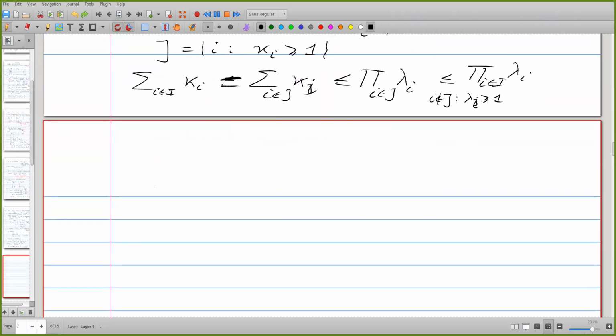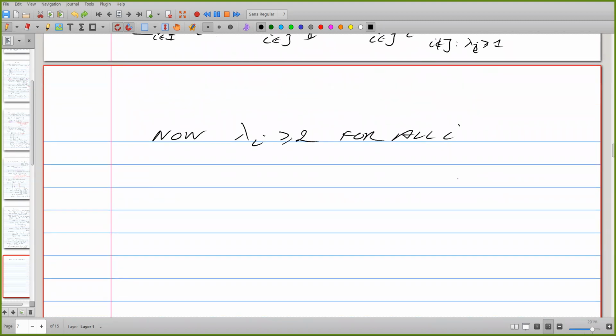So we can assume, and it's useful to have, that every kappa_i is at least 1. Why is that useful? Because now every kappa_i is at least 1, every lambda_i is at least 2. And here we go.